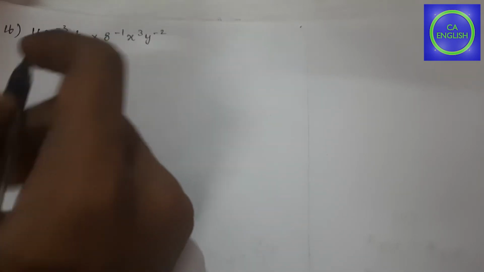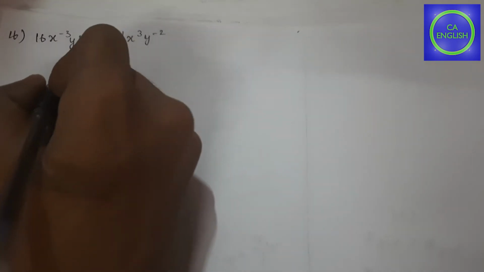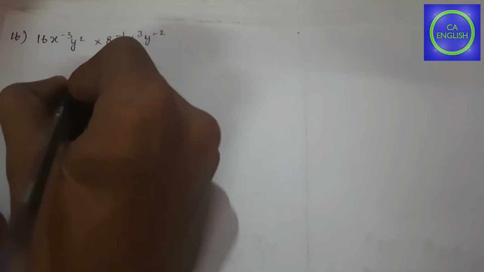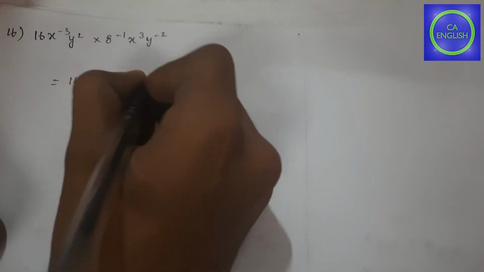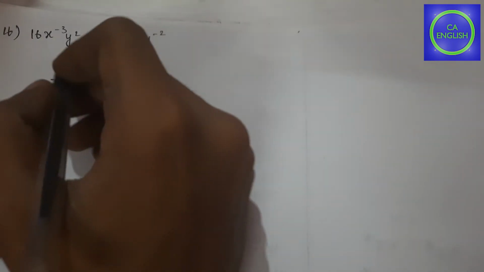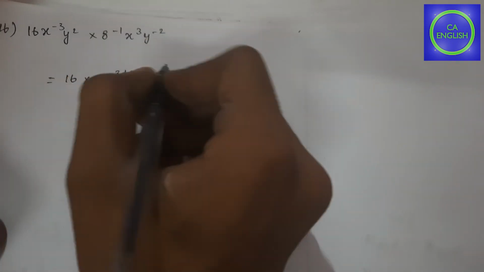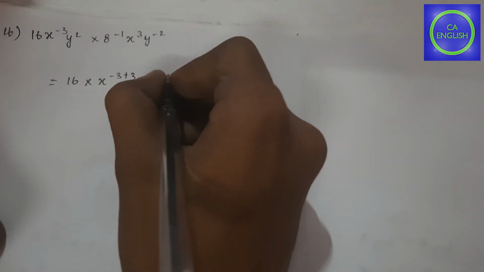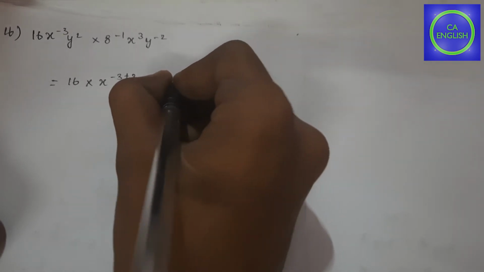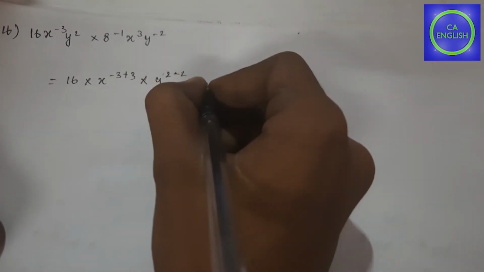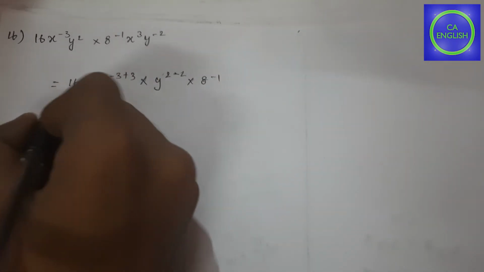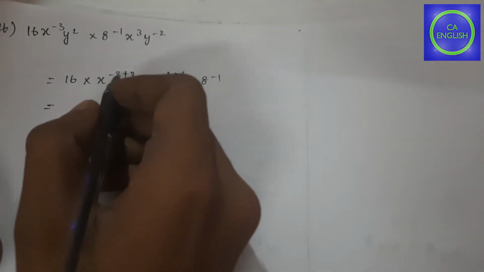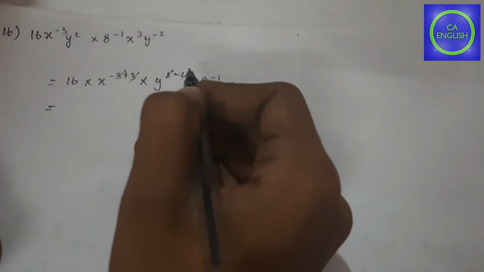Here plus 3 minus 3, so we can add the power. 16 into x minus 3 plus 3 into y's base also same, so y 2 minus 2 into 8 power minus 1.